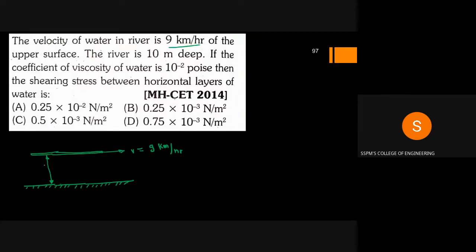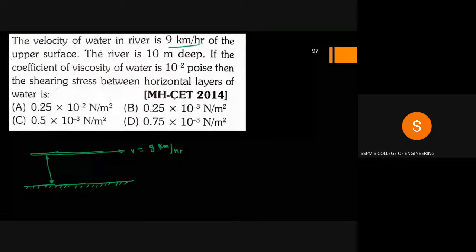The river is 10 meters deep, so this is the bottom surface of the river, and the height of the layer is 10 meters. The coefficient of viscosity of the water, mu, is equal to 10 to the power minus 2 poise.